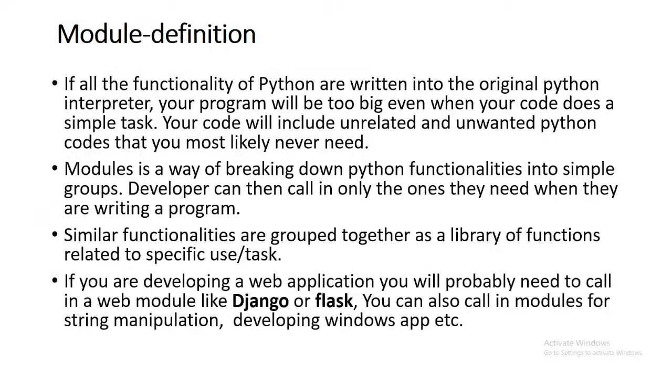If you are developing, for instance, a web application, you will probably need to call in a web module like Django or Flask. You can also call in modules for string manipulation or developing a Windows app.